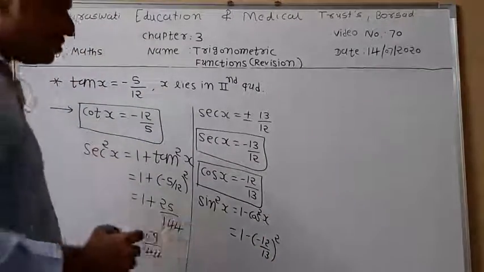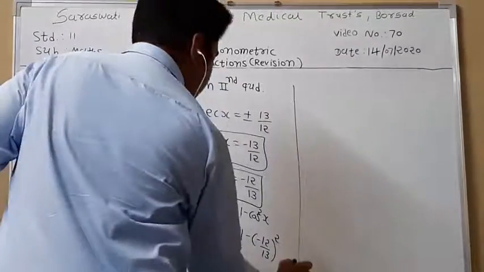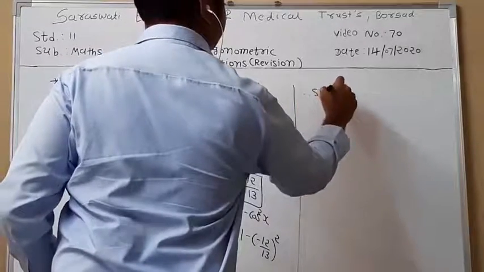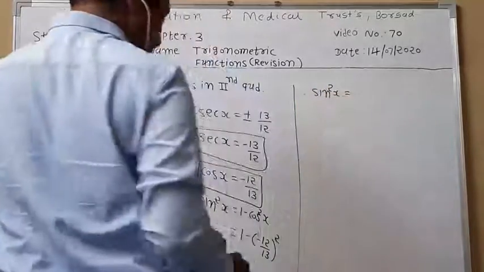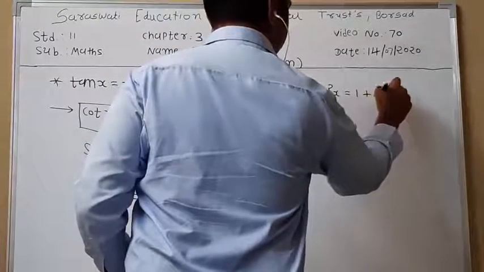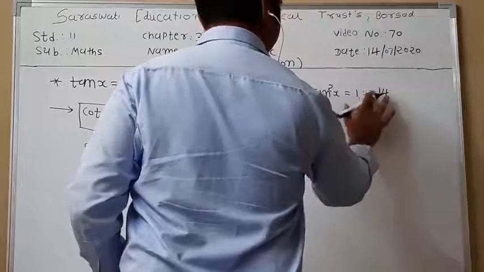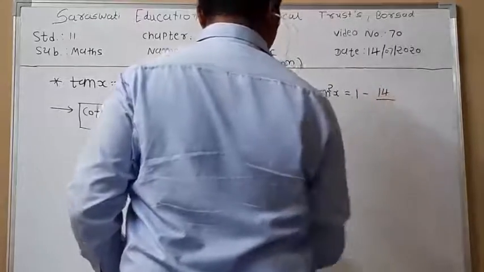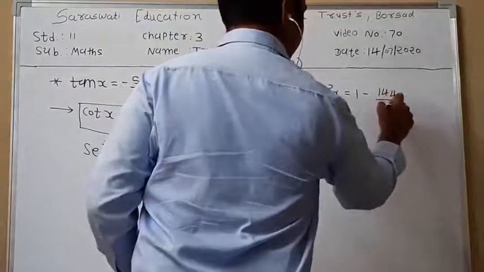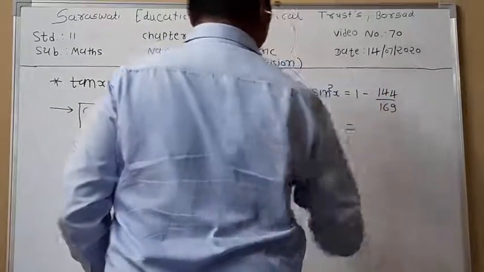Now after simplifying this term, sin square x is equal to 1 minus 144 upon 169, since 12 square is 144.